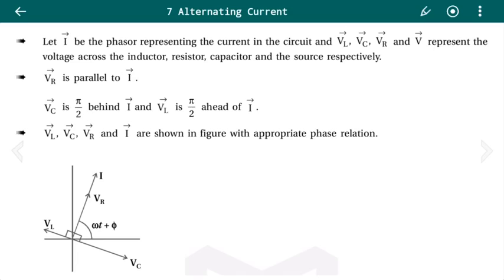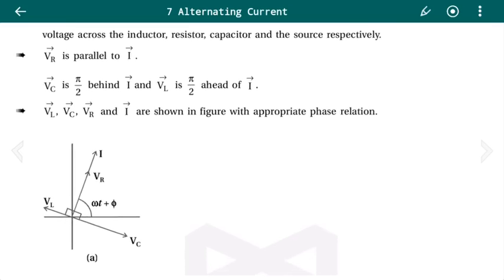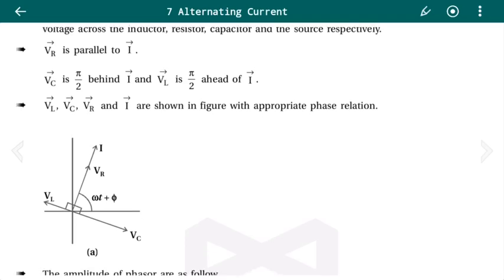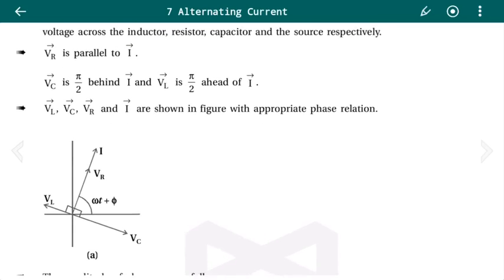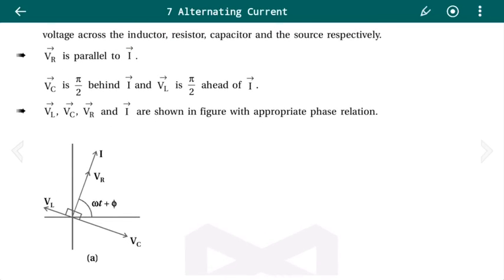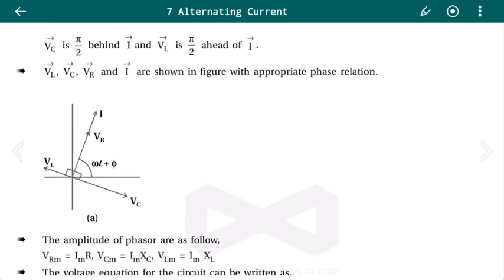This we have already discussed in the theory, AC voltage applied to the capacitor. And VL is pi by 2 ahead of the current. That is, in the AC voltage applied to the inductor, voltage is leading the current by pi by 2. So VL, VC, VR and I are shown in the figure with appropriate phase relation.